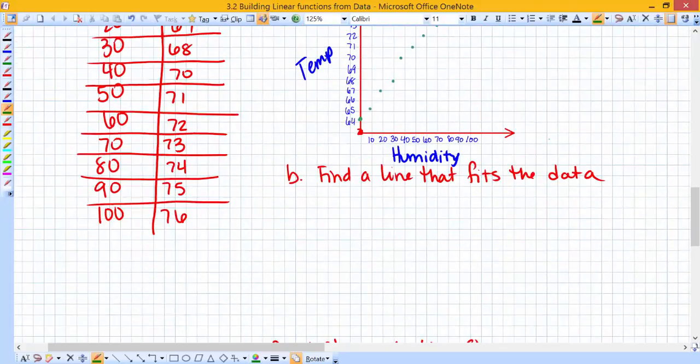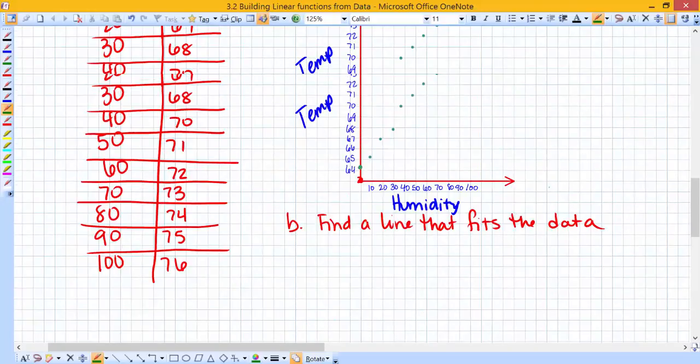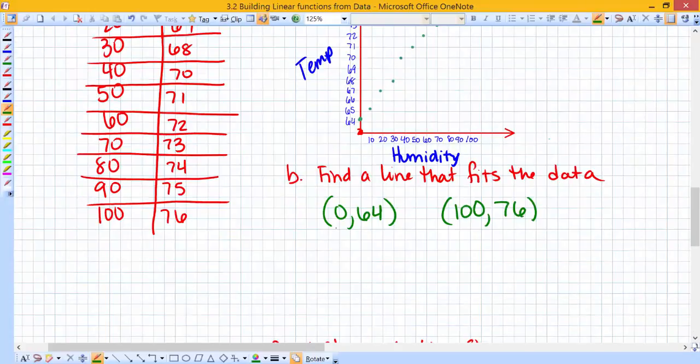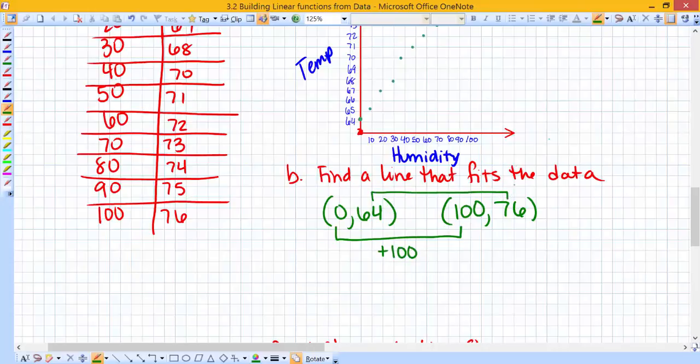Now when it says find the line that fits the data, don't forget you are using the first and the last points. So my first point is 0, 64. My last point is 100, 76. So I'm going from 0 to 100, so I'm adding 100. I'm going from 64 to 76, so I am adding 12.